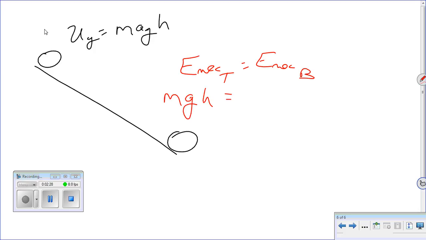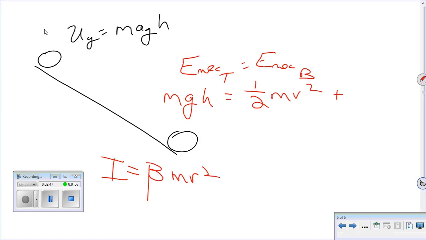The kinetic energy at the bottom is 1/2 mv squared, right? And then the rotational kinetic energy is going to depend on our I, right? The general way we've been writing I when we don't know what the shape is, is to use beta times mr squared, right? Everybody good up to there?